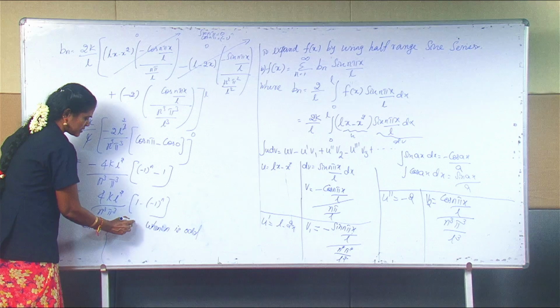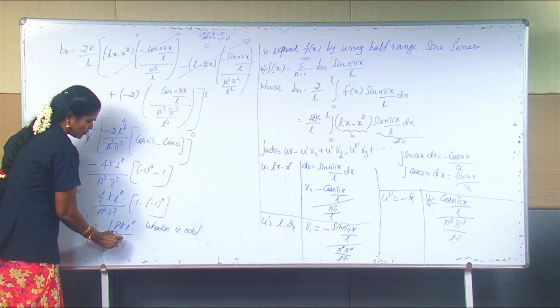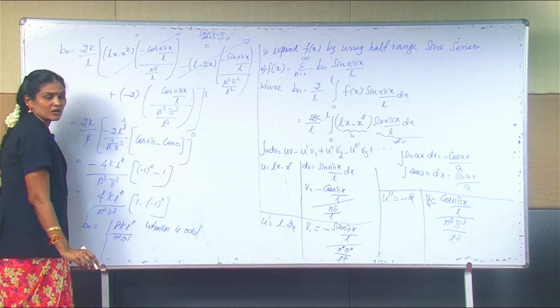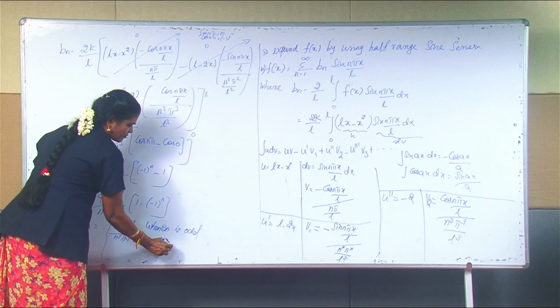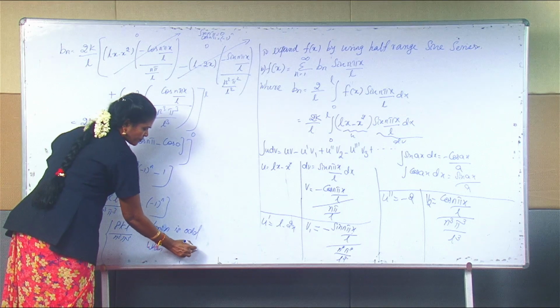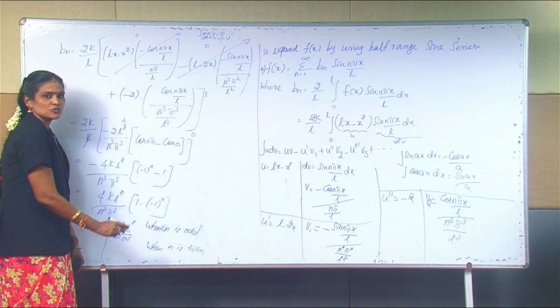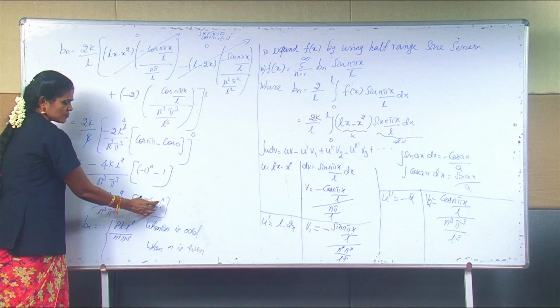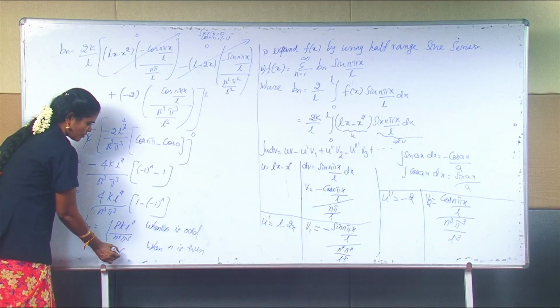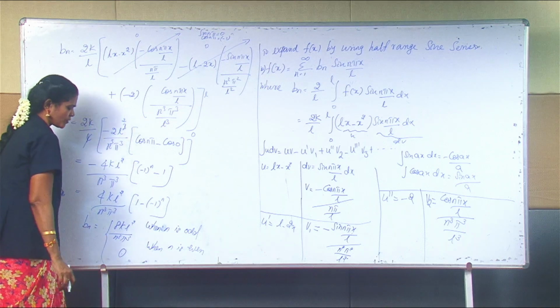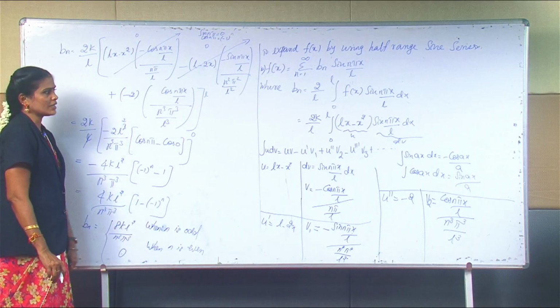So, 8k L square divided by n cube pi cube when n is odd. If you substitute n as any even value, n as 2 for example, 1 minus minus 1 the whole square becomes plus 1, 1 minus 1 becomes 0. So, 0 into anything becomes 0. So, your Bn value becomes 0 when n is even.